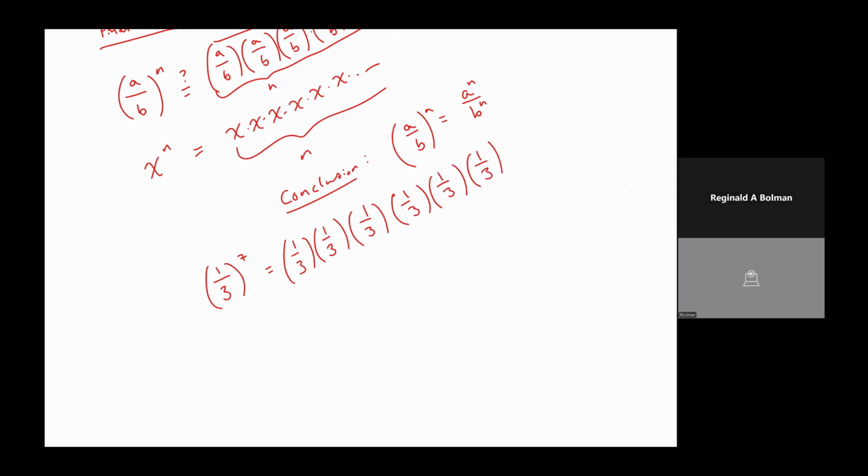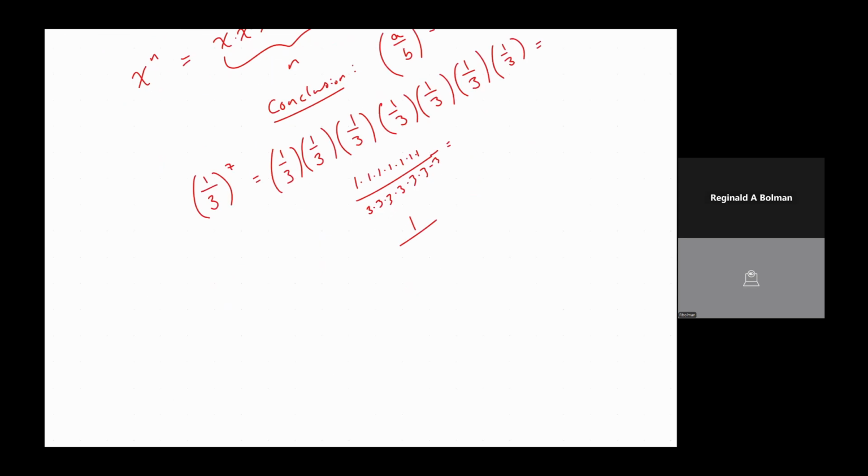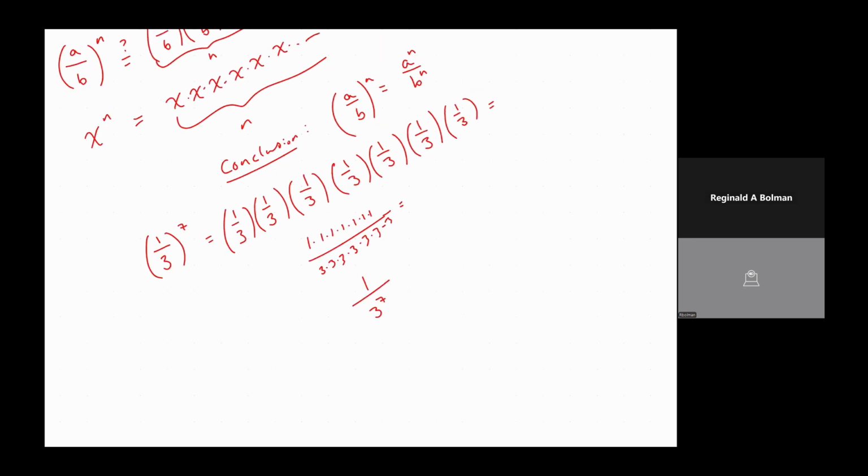And of course, you'd have 1 times 1 times 1, 1, 2, 3, 4, 5, 6, 7, and 3 times 3 times 3 times 3 times 3 times 3 times 3 on the bottom, and you get 1 over 3 to the 7th, because 1 times 1 is just 1. So 1 times itself 7 times will just give you 1, and you'll have 1 divided by 3 times itself 7 times, or 3 to the 7th. So that would, of course, be your answer.